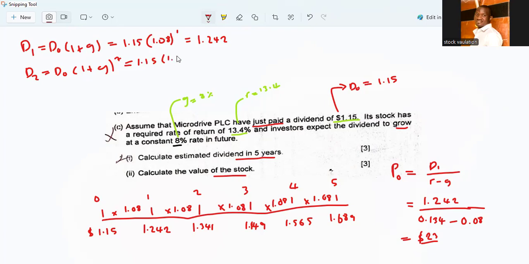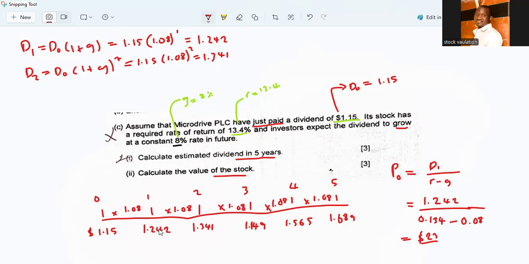The shortcut is that if you're given the growth rate, just multiply the previous value by 1 plus the growth rate. If the growth rate was 3%, you would multiply by 1.03.